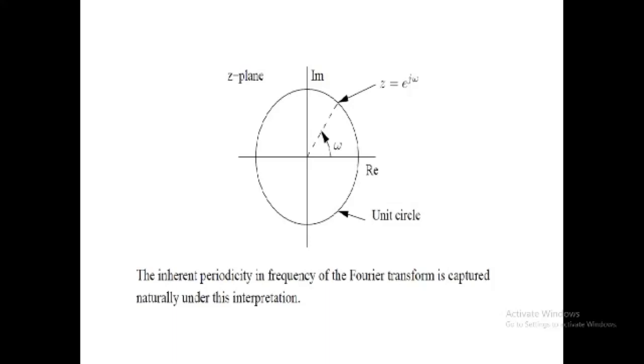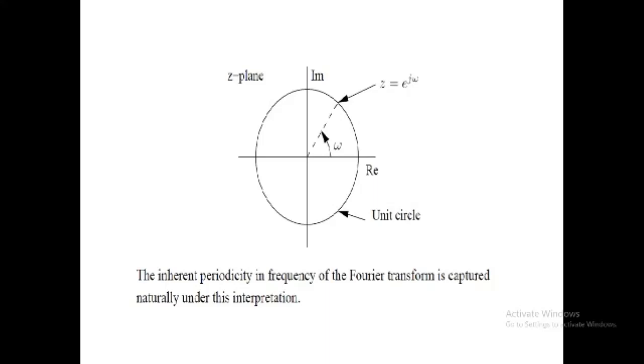Note that the numerator polynomial roots are at the values zk equal to a into e to the power j 2 pi k upon N, where the value of k is equal to 0, 1, 2, 3 up to N minus 1. Since this value satisfies the equation.